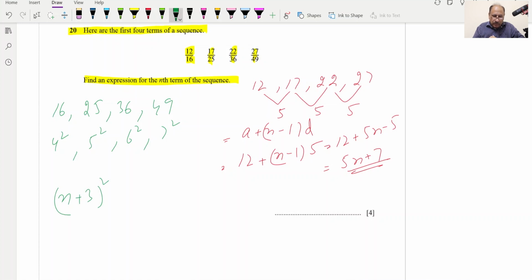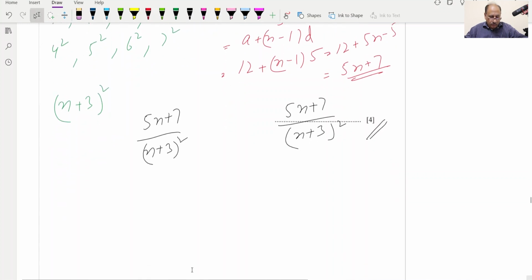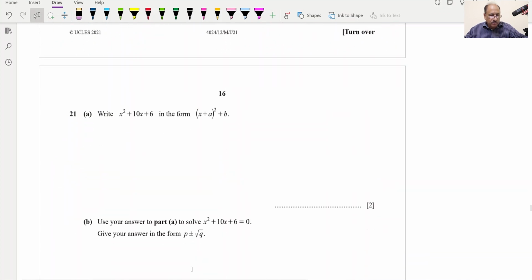Now we can write in fraction form, and our answer will be 5n plus 7 over n plus 3 squared. This will be the final answer for our question. This is a 4 mark question. Hopefully you understood this. I will write at the proper place for the answer, n plus 3 whole square. This is done. Now we can move to question number 21.